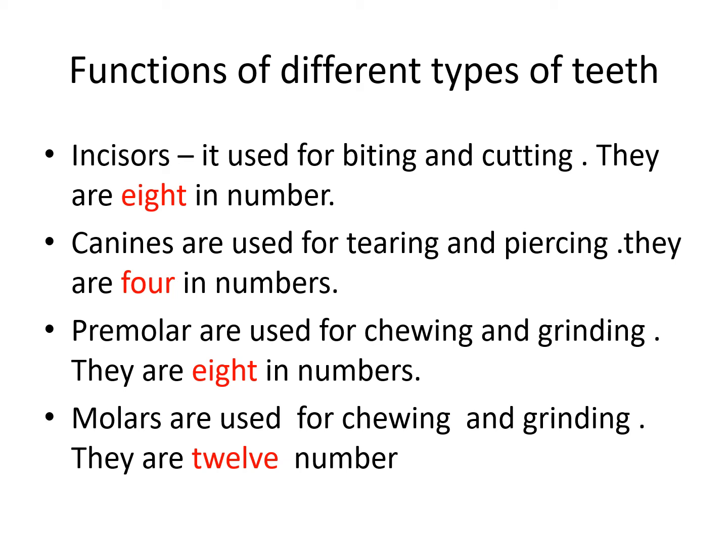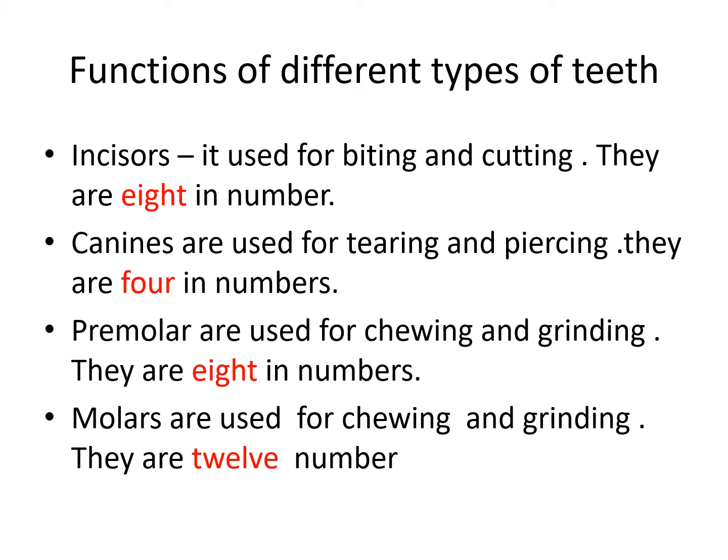There are 2 on each side, which makes the lower part have 4, 2 on the left side and 2 on the other side. Then we have 2 on each side of the upper part, making 4. So in total the number of premolars that we have in a human being is 8.